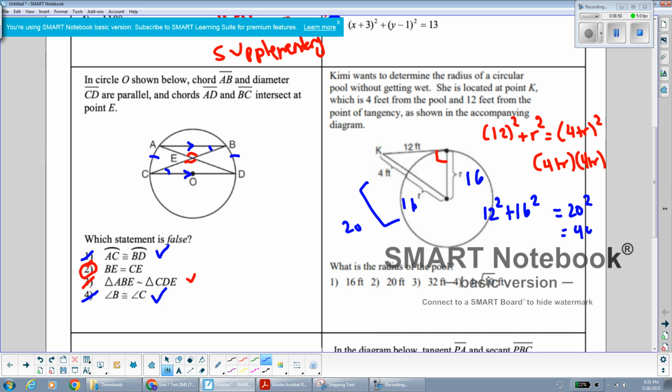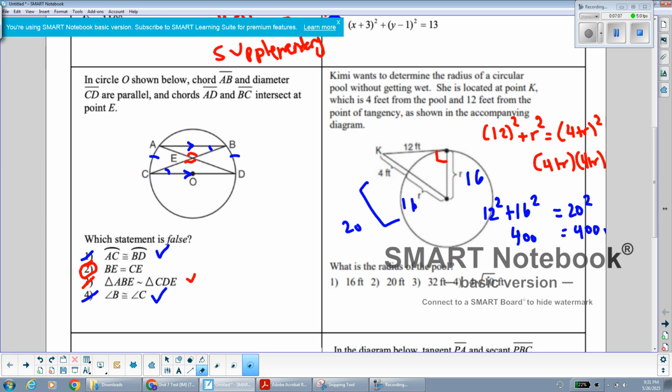So 20 squared is 400. 12 squared is 144. 16 squared is 256. When I add them together, it does equal 400. So it's looking like that is the correct answer.